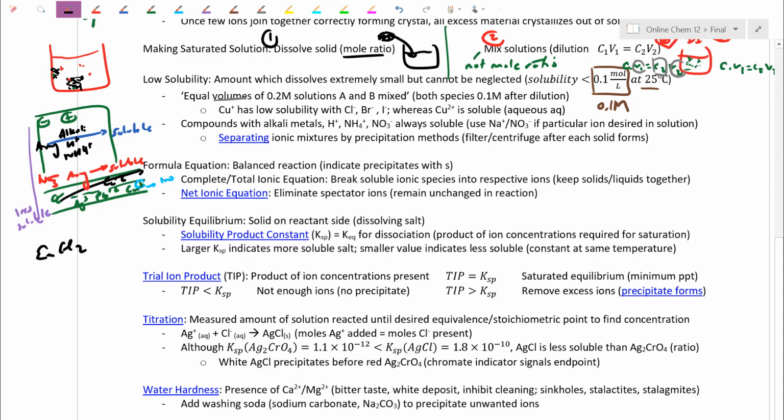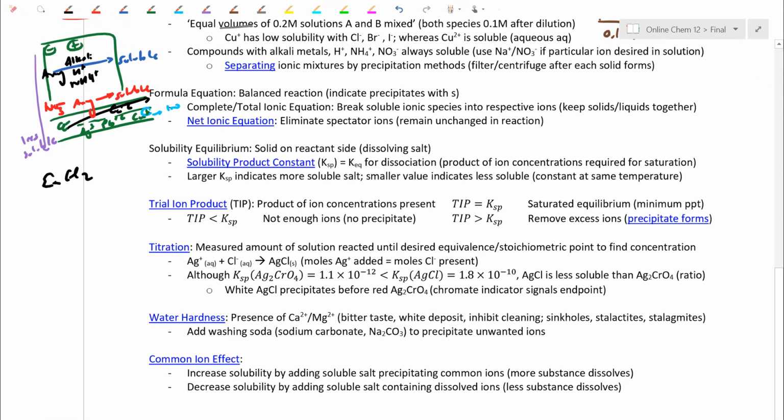We can separate them by the precipitation method. You'll always have your table with you, so you don't necessarily need to memorize, but some are just helpful as hints. For double placement reactions, we've so far been doing formula equations, using the chemical formulas to write the whole equation.